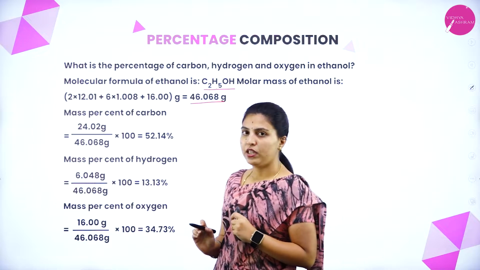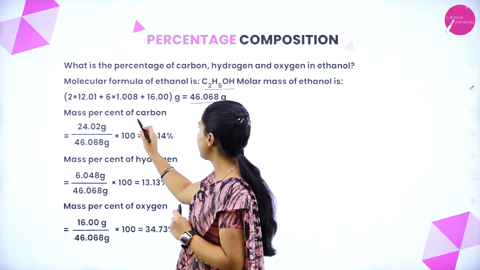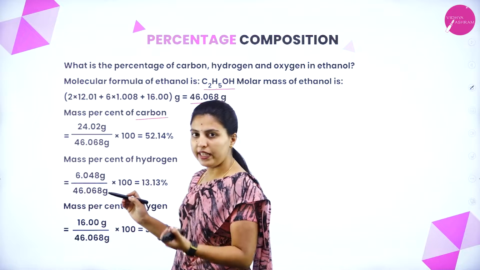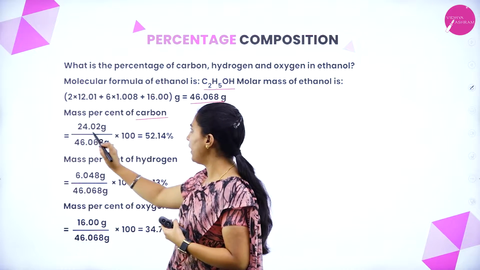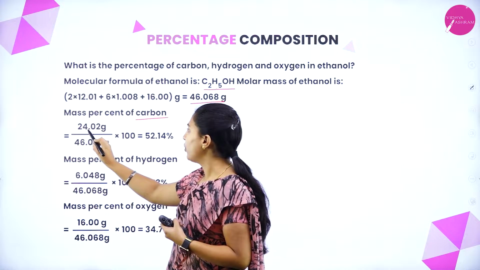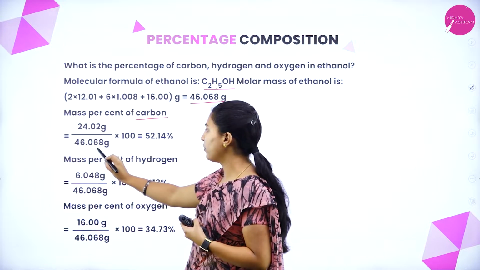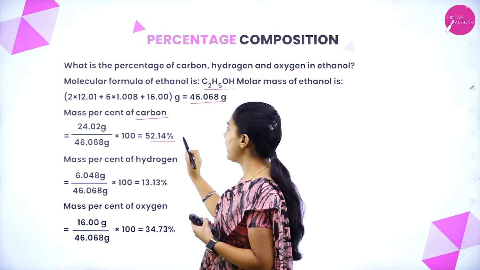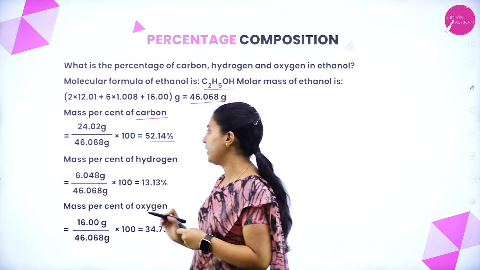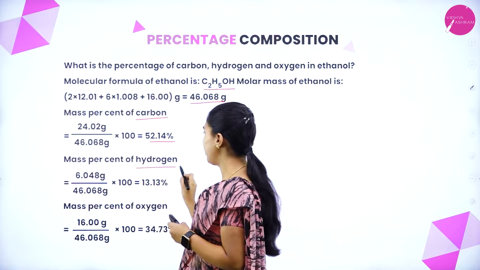46.068 gram. Now we are finding the mass percentage of carbon. Like we did in the previous problem, 12 into 2, 24.02, divided by the overall molar mass of the compound, into 100. You will get 52.14%. Next, mass percentage of hydrogen.